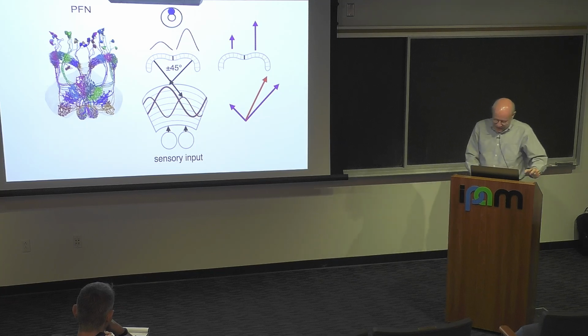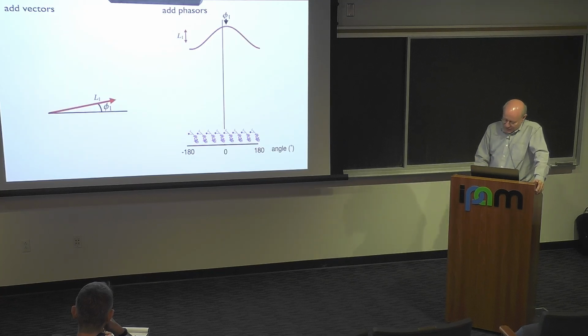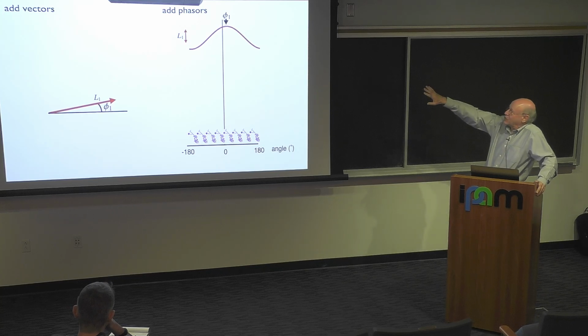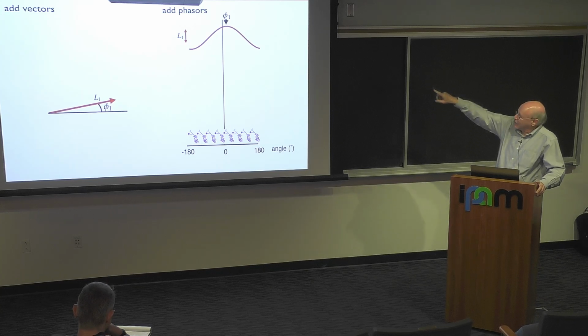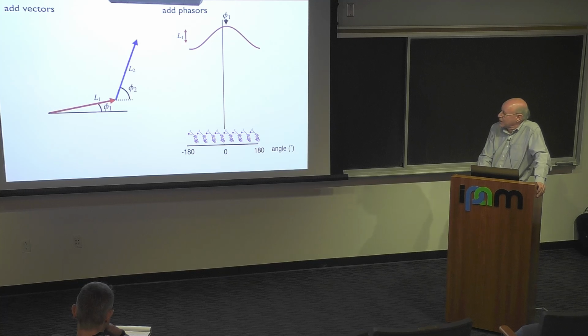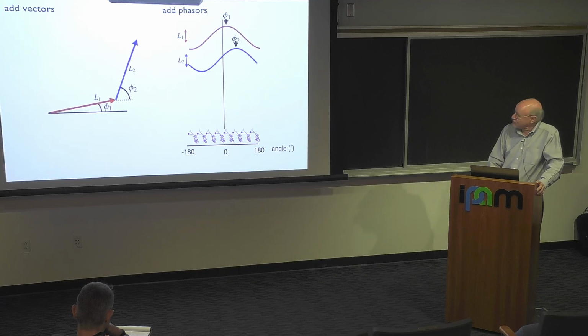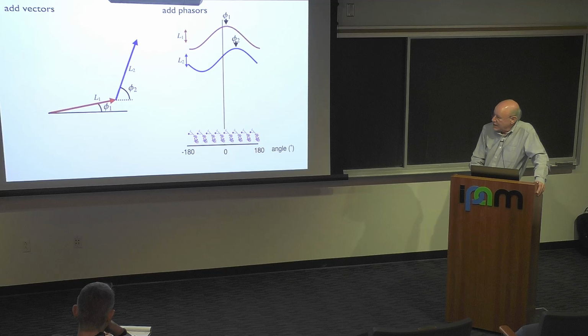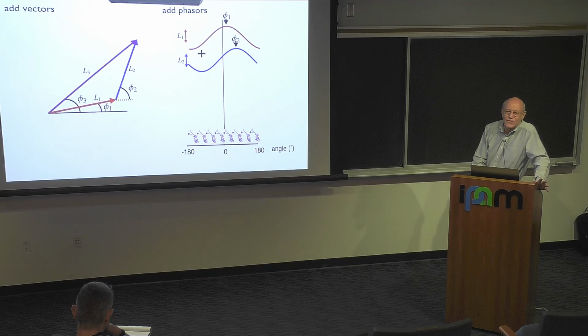Okay, and let me just say, how do you add the vectors if you haven't done any phasors lately? If you want to add vectors and you have a phasor representation, here the red vector is represented as a phasor, the blue vector is represented as another phasor. If you want to add the vectors, all you have to do is add the phasors.